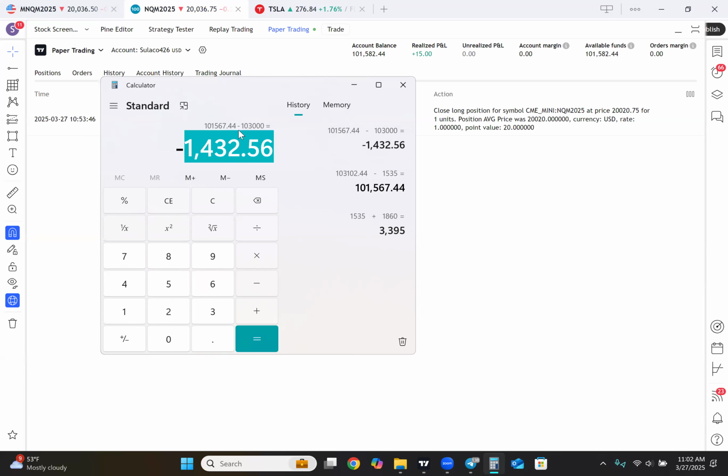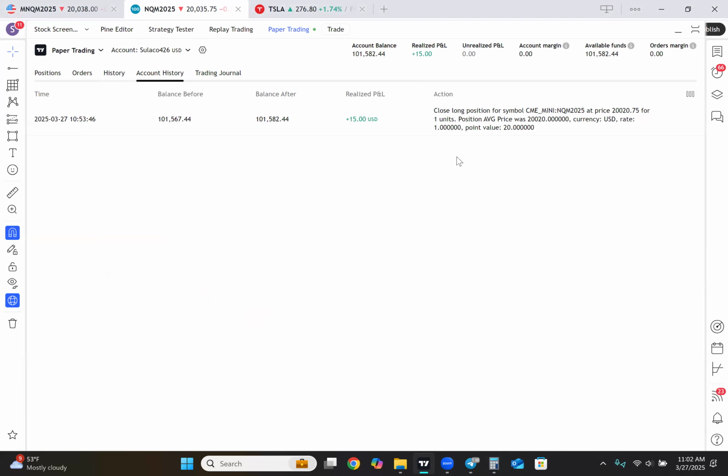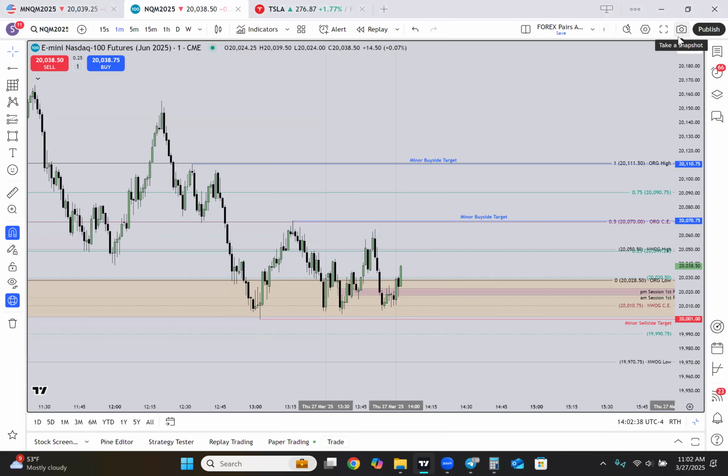But before I do that on my prop firm account, I simulate it here using the paper trading feature. I simulate the exact conditions, the exact market, the exact size. So E-mini, one contract. And I practice passing this account again and again and again.